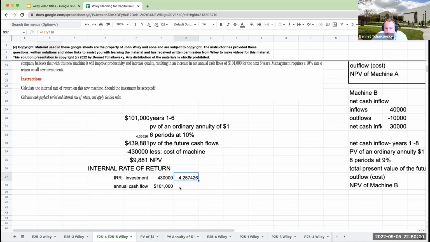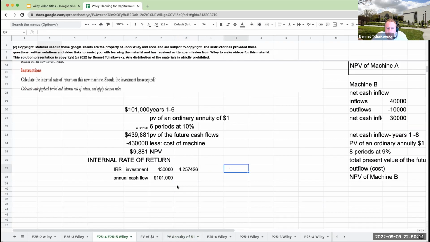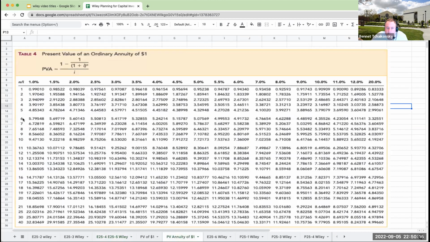When we look at this over here, we're looking for 4.25. Check something real quick. So 430. Okay. So we're going to go over here, period 6, because this is how many times it's being paid out. And then we're going to go look for our number.